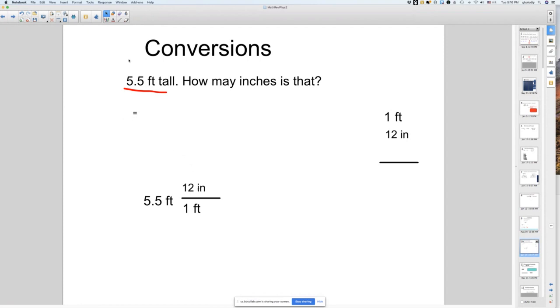So you notice that the feet cancel, and the answer is 12 times 5.5, which is 66. So I'm 66 inches tall.